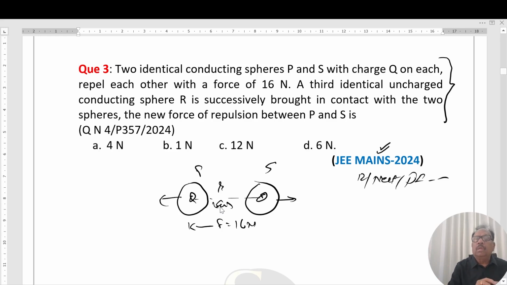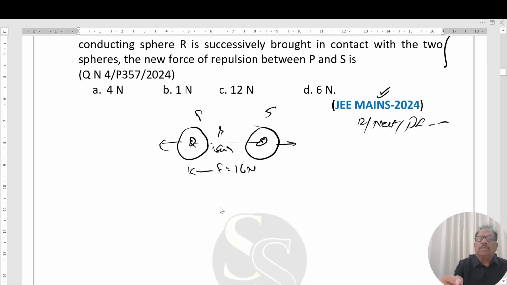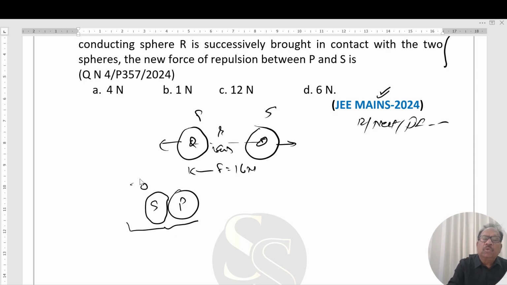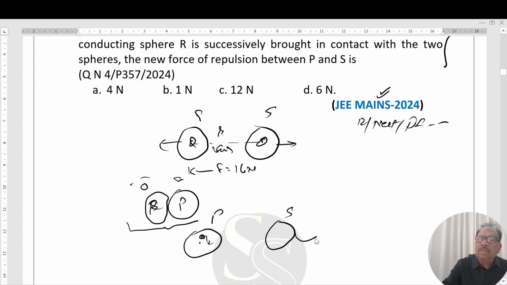Now, a third charge S, identical in shape. So what will happen? इस पे जीरो चार्ज है इनिशियली, इस पे क्यू चार्ज है, इक्वली डिस्ट्रीब्यूट हो जाएगा. Charge on P will become Q by 2. This is S, this is P, this is R. In that case, R comes into contact with this.